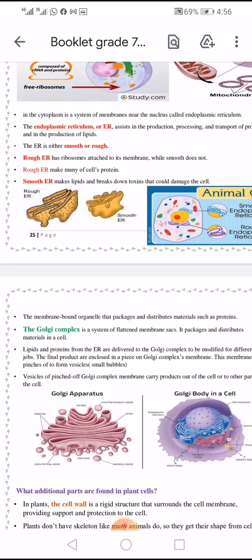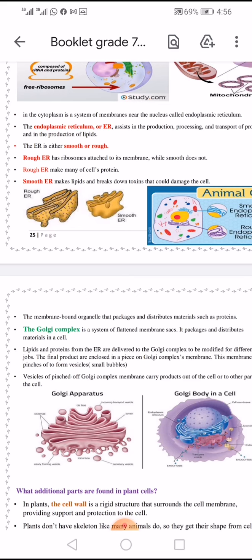So the function of the Golgi complex is like delivery. It takes materials like lipids and proteins formed in the endoplasmic reticulum, and modifies them for a different job. The final products are enclosed in a membrane.